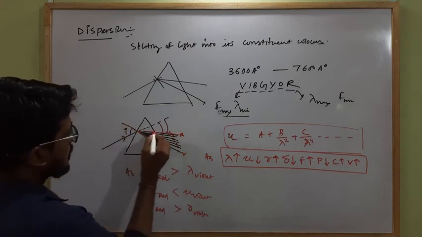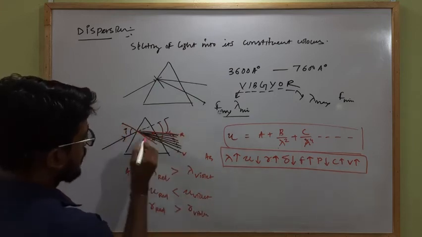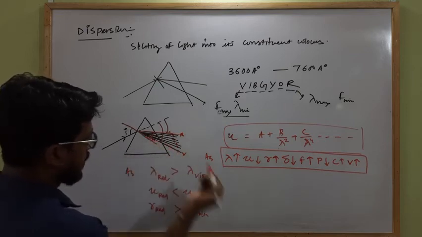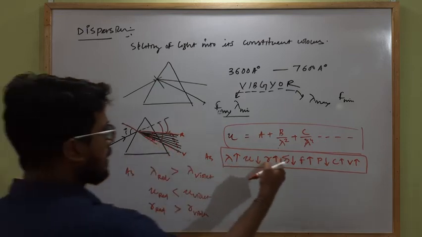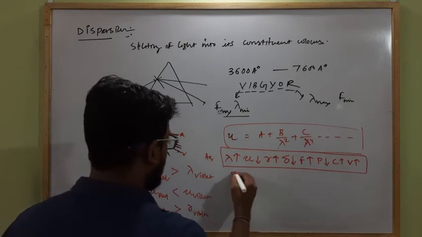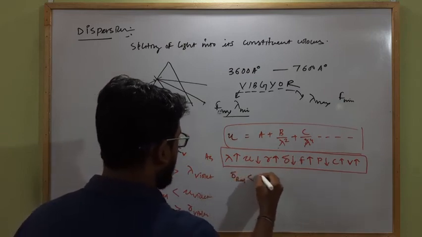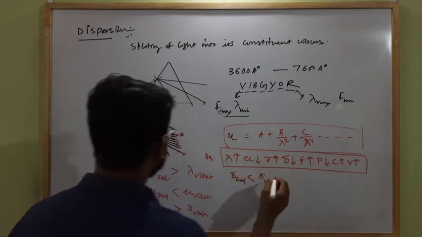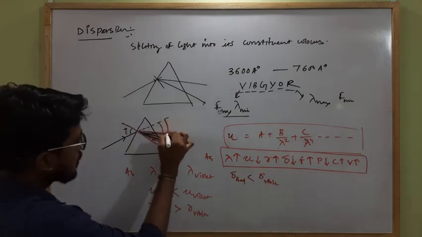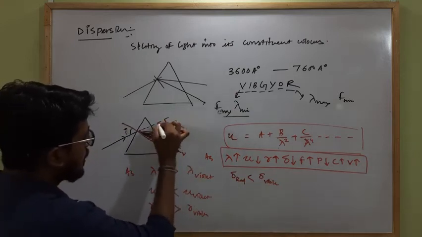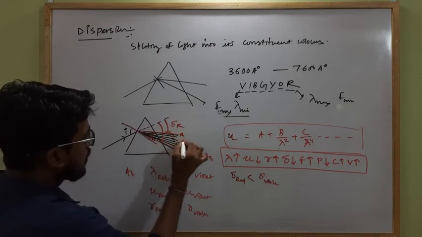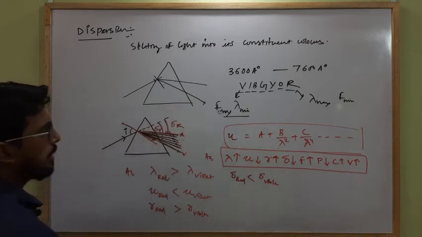So the angle of refraction is more for red, and this much only for violet. As angle of refraction increases, deviation decreases, so delta for red is less than delta for violet. So this is the deviation angle delta for red, and this much will be the deviation for violet.